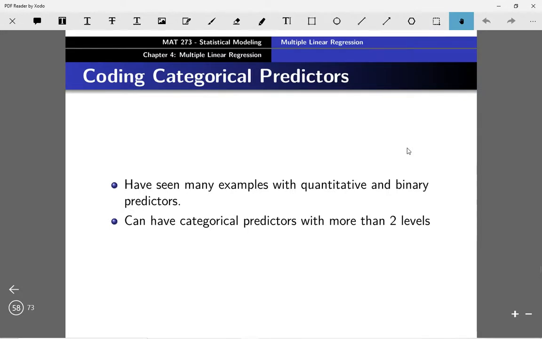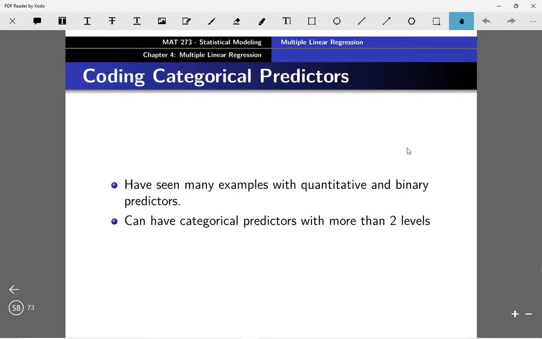Okay, so moving on from assessing points as potentially problematic, I wanted to revisit coding up categorical predictors. I talked briefly before in one of the slide sets about how R is using an indicator variable underneath, or a dummy variable they call it.